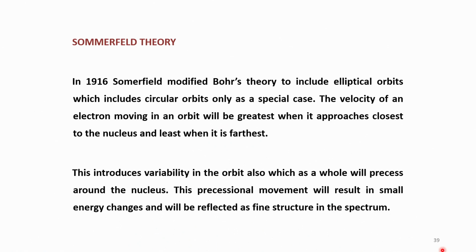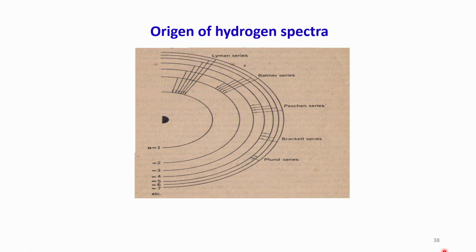Welcome back. We will continue our discussion on the atomic structure as part of our electrochemical technology for pollution monitoring. Yesterday we had seen this figure where I had explained to you that the origin of the hydrogen spectra arises from the fact that electrons from higher energy levels will fall to the lower energy levels after excitation.